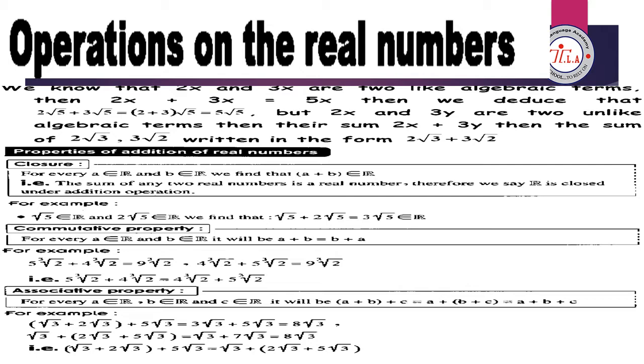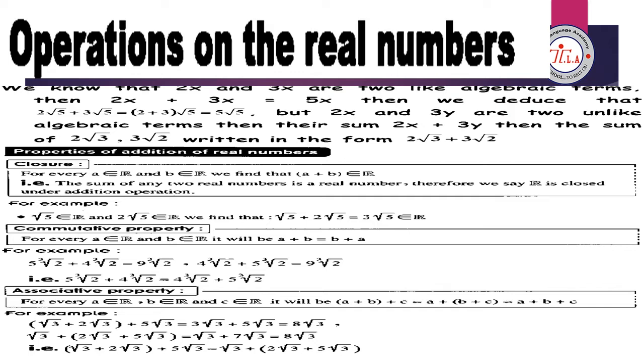Welcome back. We know that 2x and 3x are two like algebraic terms, and our lesson today is talking about operation on the real numbers. If we have 2x and 3x as two like algebraic terms and we want to add, 2x plus 3x equals 5x, and if we have 2 root 5 plus 3 root 5, the result will be 5 root 5.